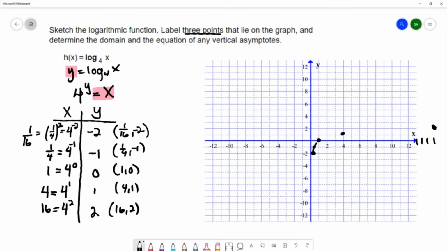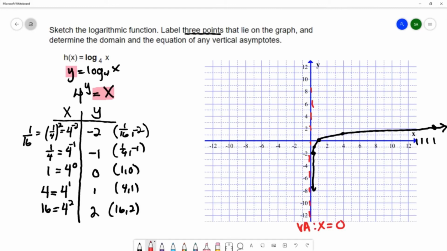These 5 points connect very smoothly, and you can see how the pattern would continue on the right and on the left. Our graph would go down to -infinity. This logarithmic function will have a vertical asymptote that sits right on top of the y-axis, the vertical line x equals 0.